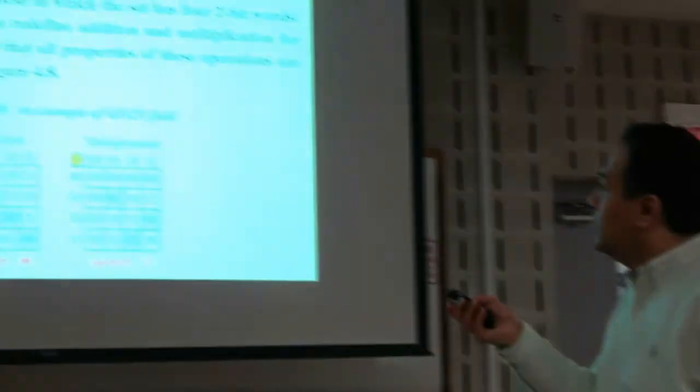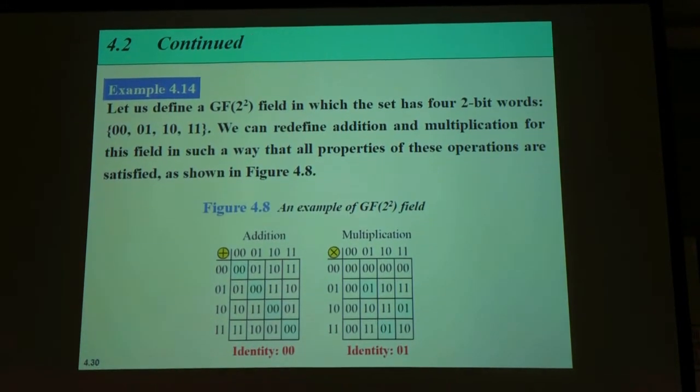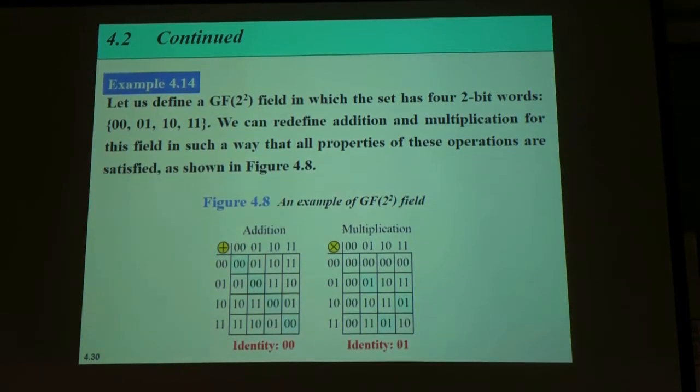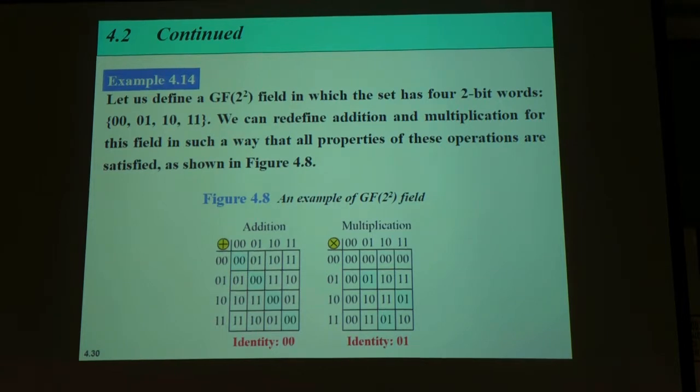Okay. So look, let us define GF 2 to power 2. There is a condition for GF: the lower number has to be prime. In this case, it's 2. 2 power 2. A field in which the set has 4 2-bit words. Why 4 2-bit words?